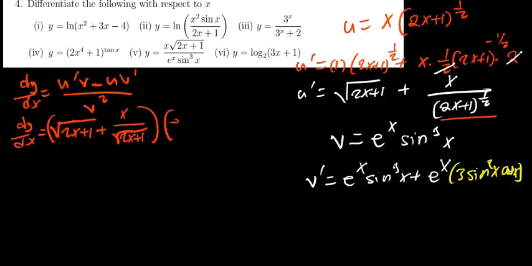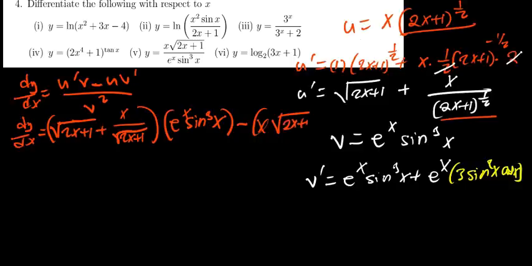V is e raised to the power x sine, like that, then minus the original u, that is x, times the square root of 2x plus 1.